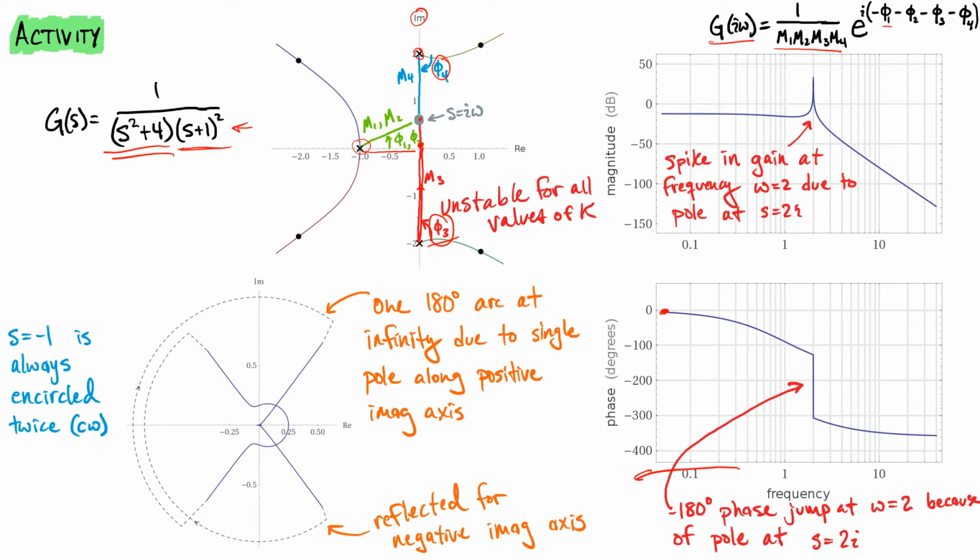That makes for 1 over 1 times 1 times 2 times 2, so that's 1 over 4. So the magnitude, the gain, should be 1/4. And then you take the log of that in order to put it on the decibel plot.